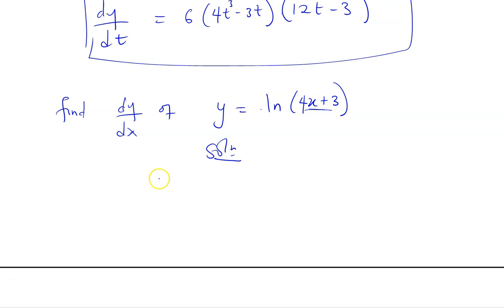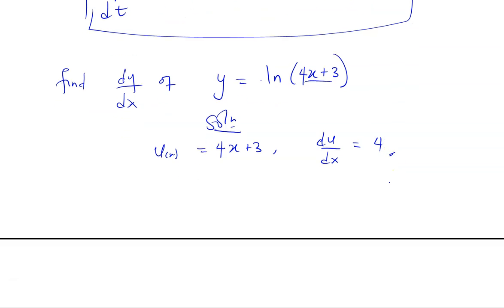Right. So let u of x or v of x, any of them, u of x will equal to what? 4x plus 3. Right. So du on the dx will be giving us what? Will be giving us 4. Yes. So that's it.